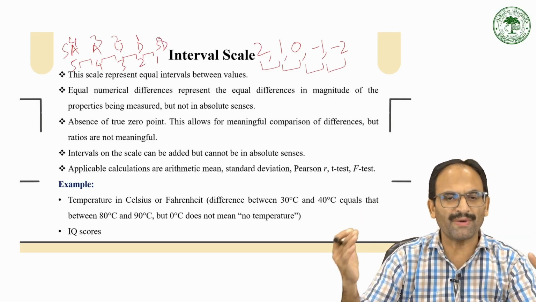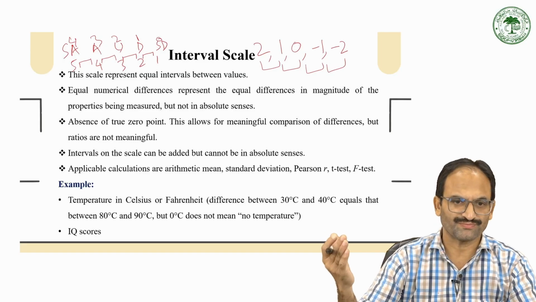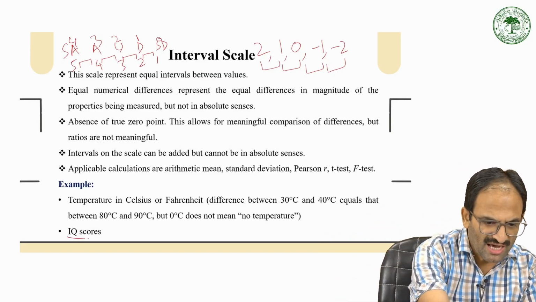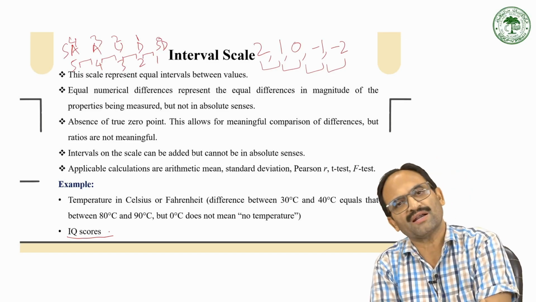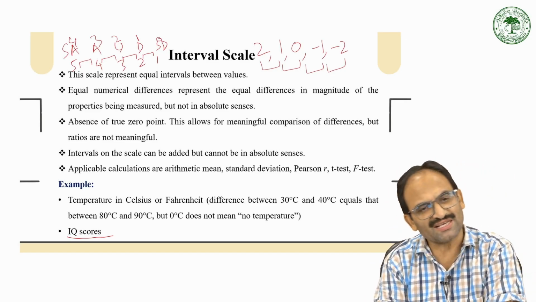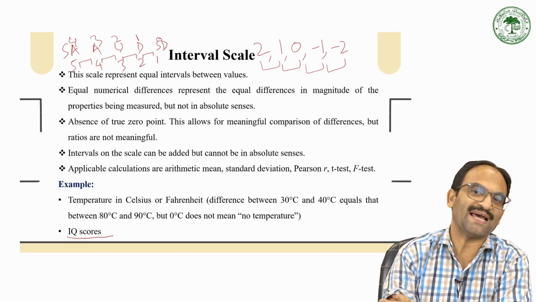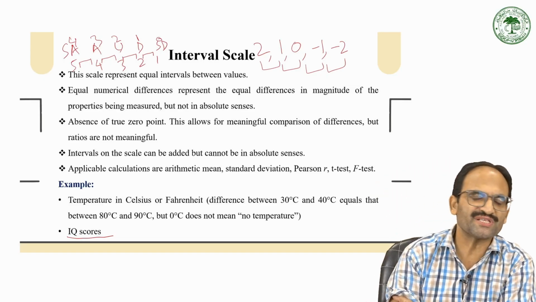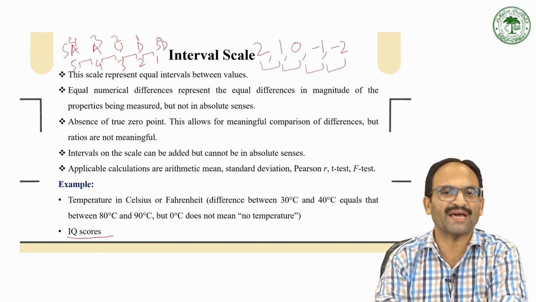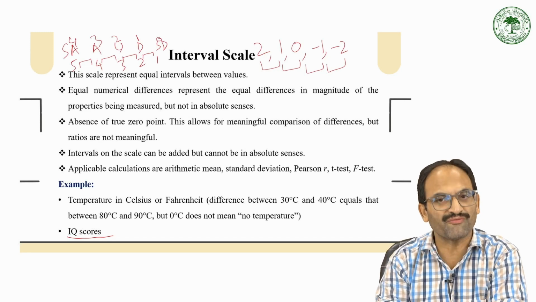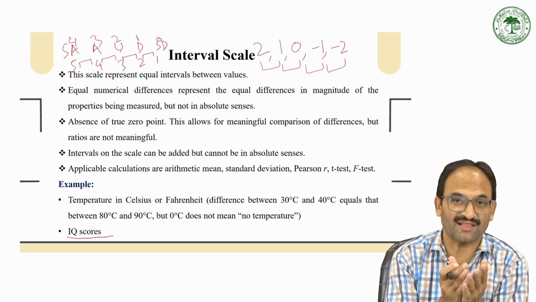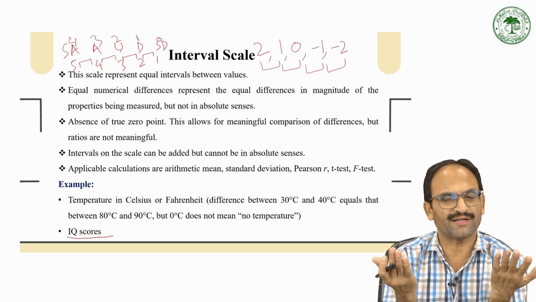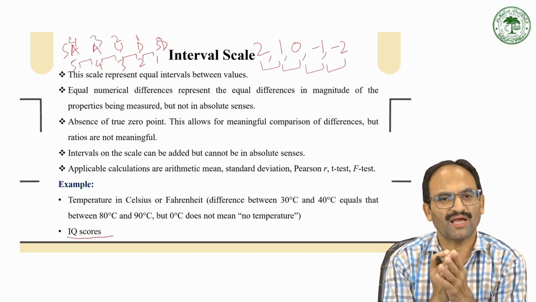If you talk about behavioral sciences, IQ scores come under the category of interval scale, because here again you will not get an absolute zero. So interval scale has a lot of merits and advantages, but the only thing is that it does not have an absolute zero.